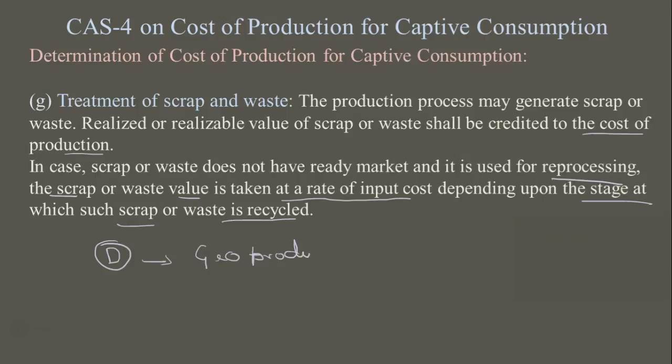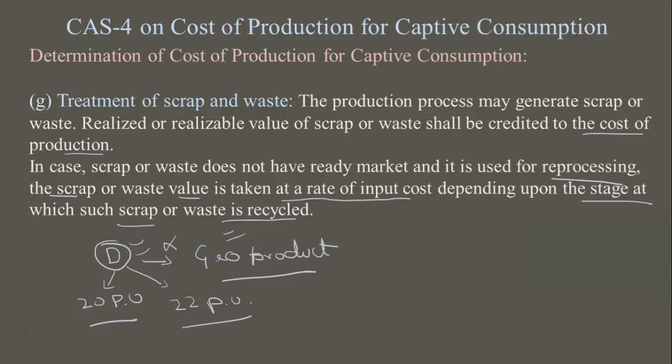It is somehow related to medical products, and we are using D for the production of Geo product. If we are not going to use D for manufacturing Geo product, then it can be sold in the market for ₹20 per unit. Okay guys? Or if we want to purchase this from the market, we have to pay 22 rupees per unit.